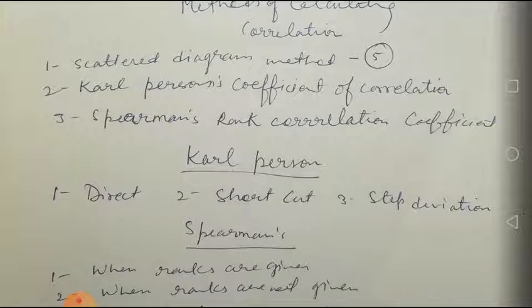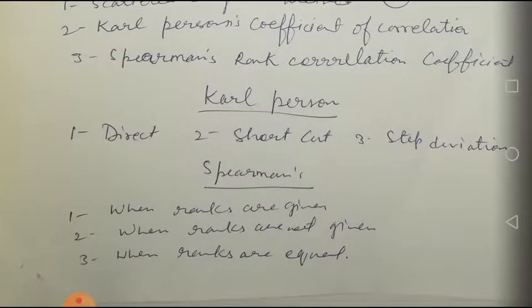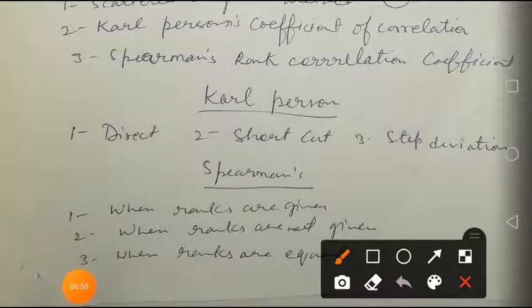After this, the last topic of the chapter is Spearman's rank correlation coefficient. In Spearman's method there are three types of conditions given, or we solve the question by 3 methods.